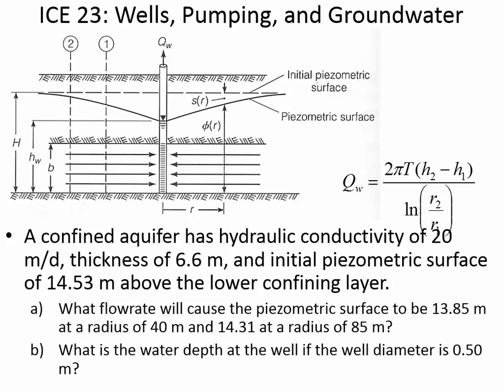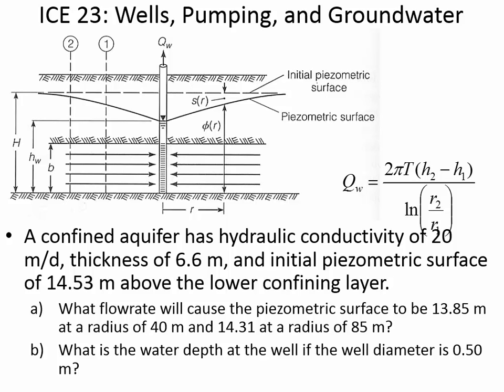Let me give you one hint though, and it's on the drawing, but I want to make it very clear. We talk about location 1 and location 2 in this equation. H is the height of the water, and R is the radius, how far away from the center of the well you are to a certain location. 1 is always the location that's closest to the well, and 2 is always the location that's further away from the well.